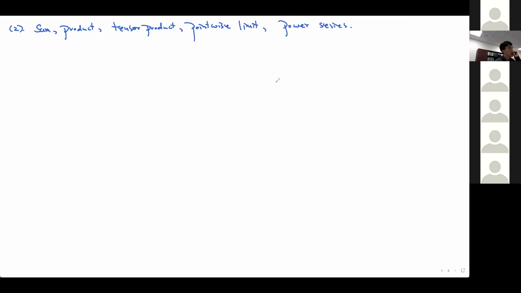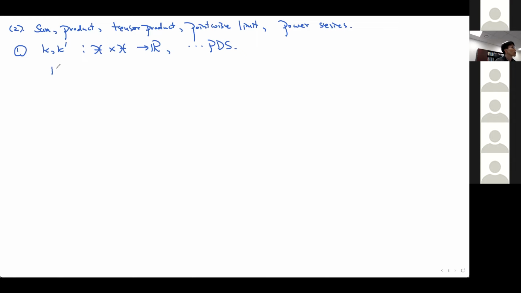So let's start with the sum and product. Suppose we have kernels K and K prime, both defined on X, and they are positive definite symmetric kernels. The definitions of sum and product are as you expect.